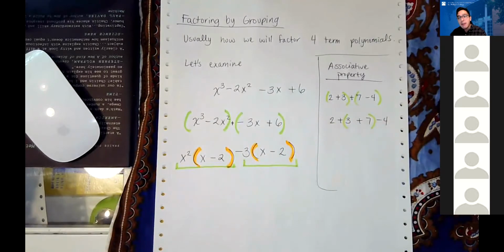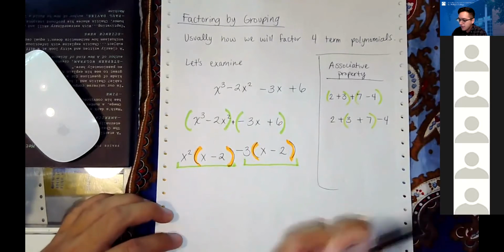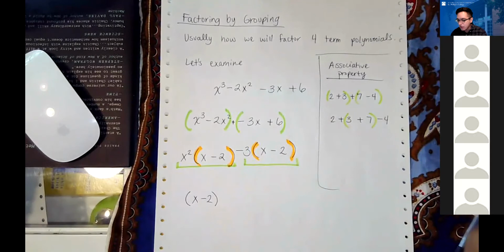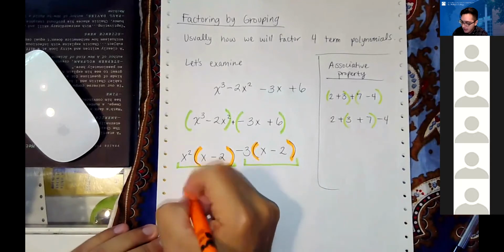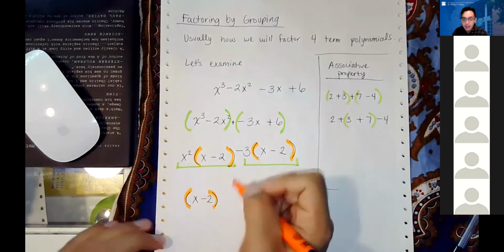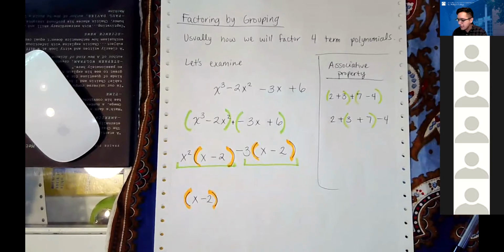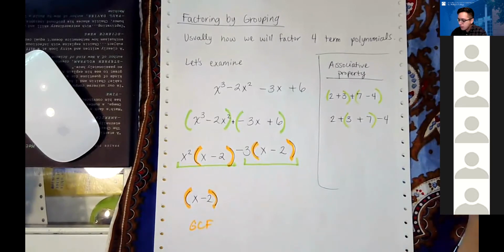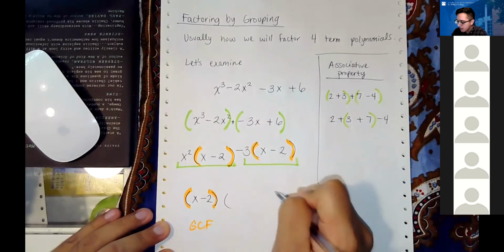So that means we can factor out the greatest common factor once again. So we can pull this x minus 2 out and call that our greatest common factor. And I'm just going to use the colors to emphasize here. That's our GCF. And then we're going to multiply that by whatever's left over.